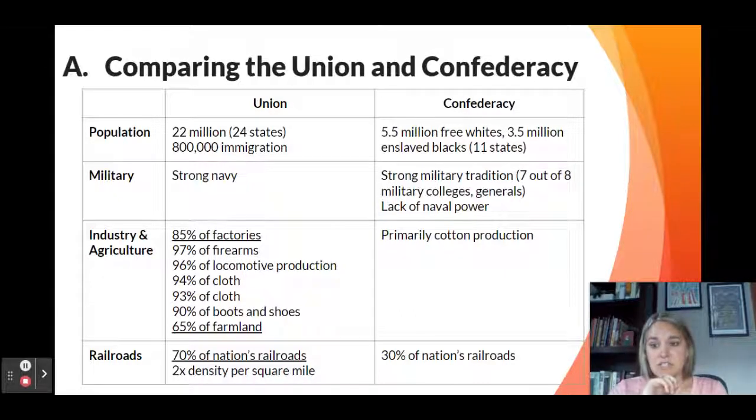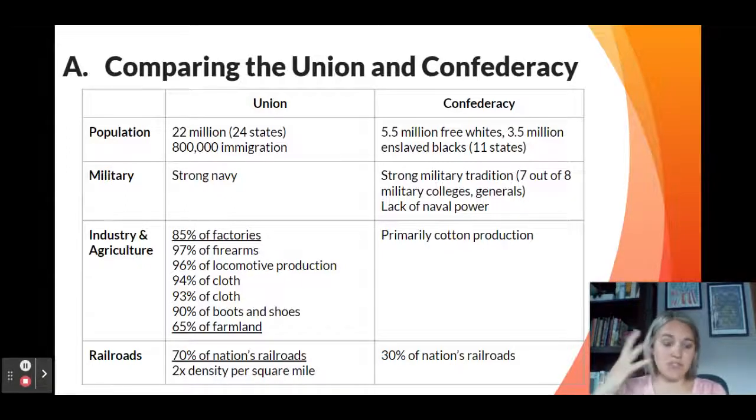Looking at industry and agriculture, we see that most of the factories are in the North, and that is going to help with firearms, locomotive production, cloth. And we see also 65% of the farmland that is available, mostly focused on food crops, in the North.